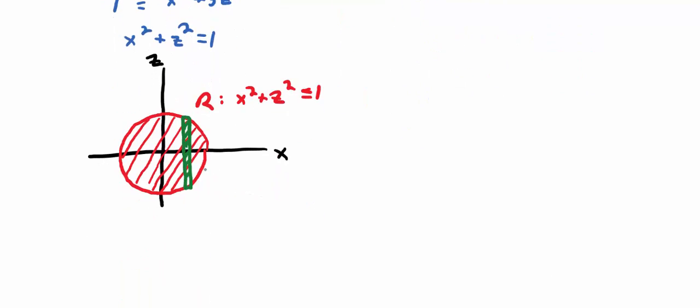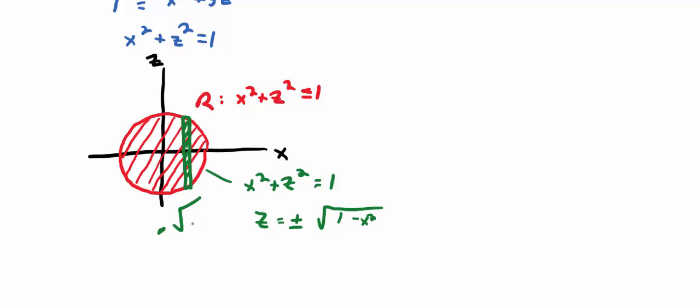Well, we solve the circle formula for which one? For z. And you get the lower bound is the minus root, so negative square root of 1 minus x squared. And then the upper bound here would be the positive root.